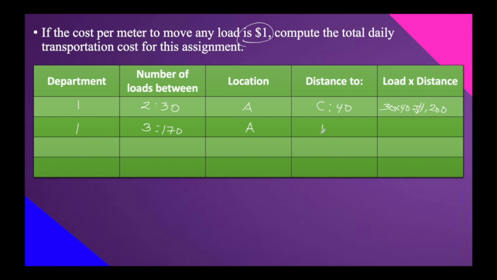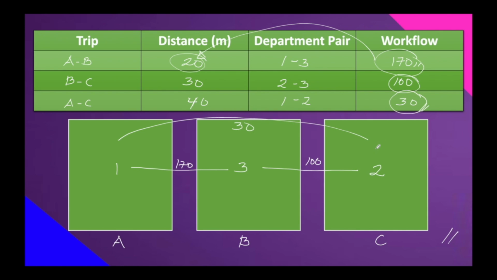So, location B, which is 20. So, here we should have here 170 times 20. That is equivalent to 3,400. Okay, so 3,400.